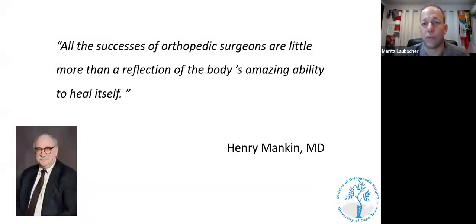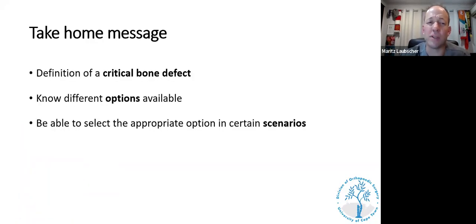And then just to finish off, I really like this quote by Andrew Mankin, who said all our successes are really just a reflection of the body's amazing ability to heal itself. So the take-home message is that you need to include partial defects in your definition of critical bone defects. Anything that's not going to heal without intervention, you should have a plan to address.